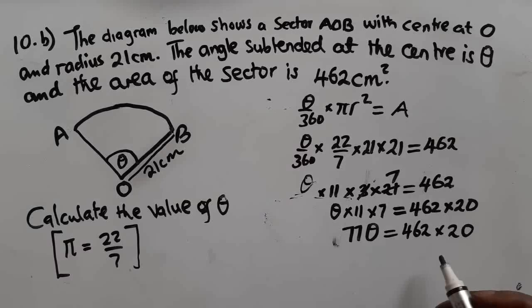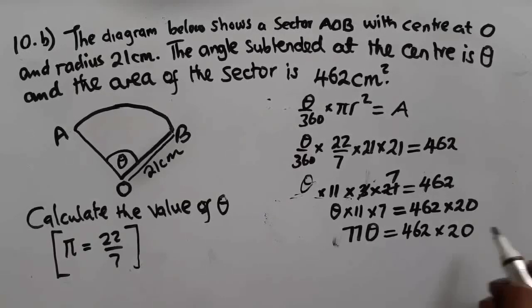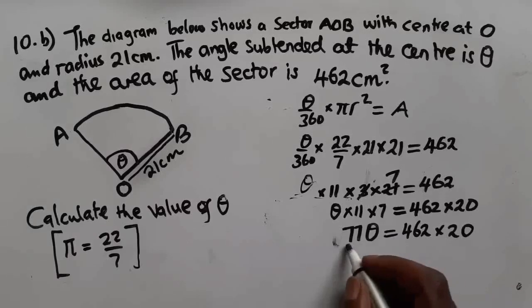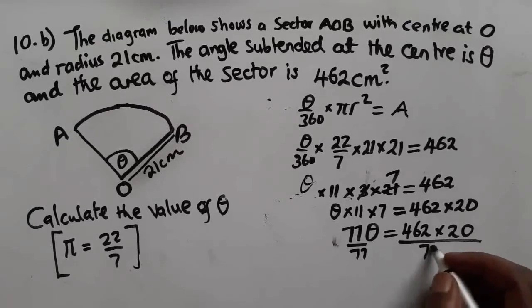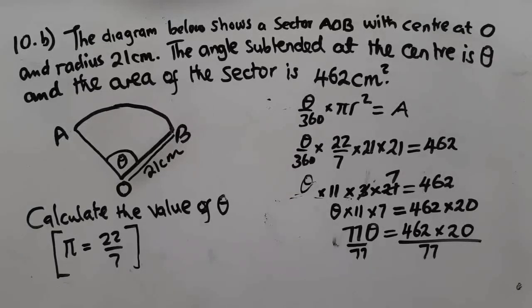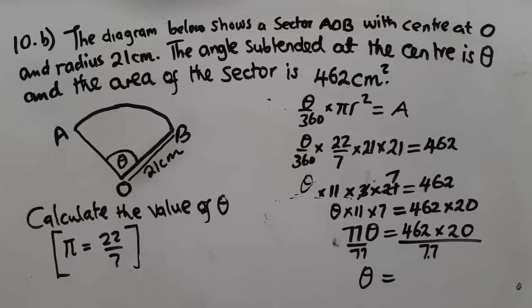Usually I don't like multiplying these two, because we do not have a calculator, so we are increasing the size of the value. So at this point we can divide 77, even this side 77. Alright? So we are going to have theta is equals to, can you divide 77 into 462? How many times?